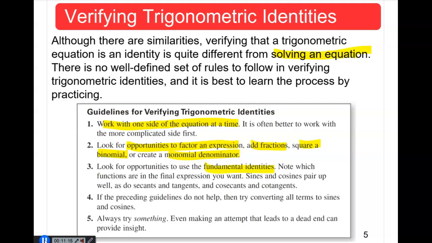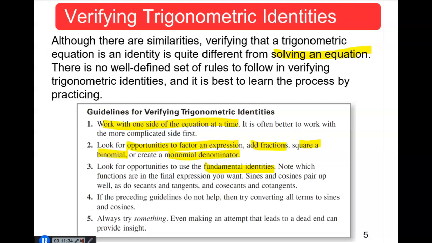So the ones that we have been working with, such as the Pythagorean identity or the reciprocal identities, the quotient identities. Those are our fundamental ones. Note which functions are in the final expression you want.